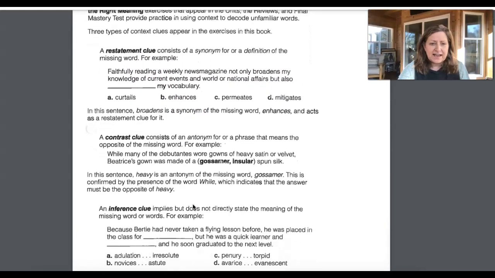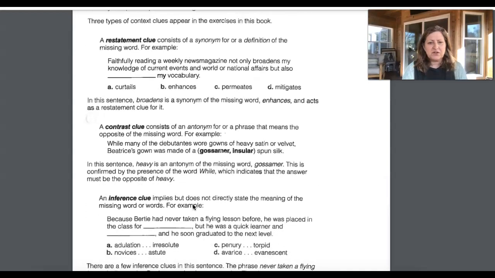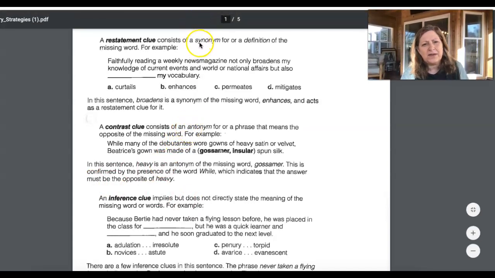The next one is a contrast clue, and a contrast clue is the opposite. They say not this, but this, and so it consists of an antonym. Looking at those words, synonym up here, synonym equals same, antonym equals anti or opposite. So contrast clue.